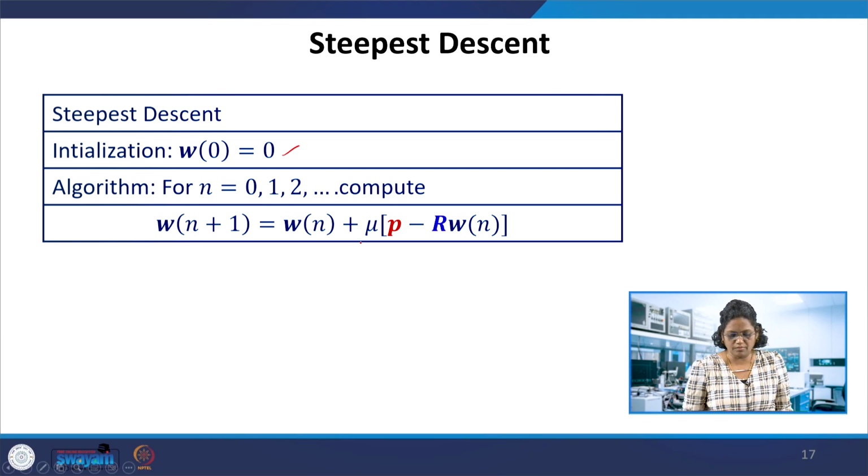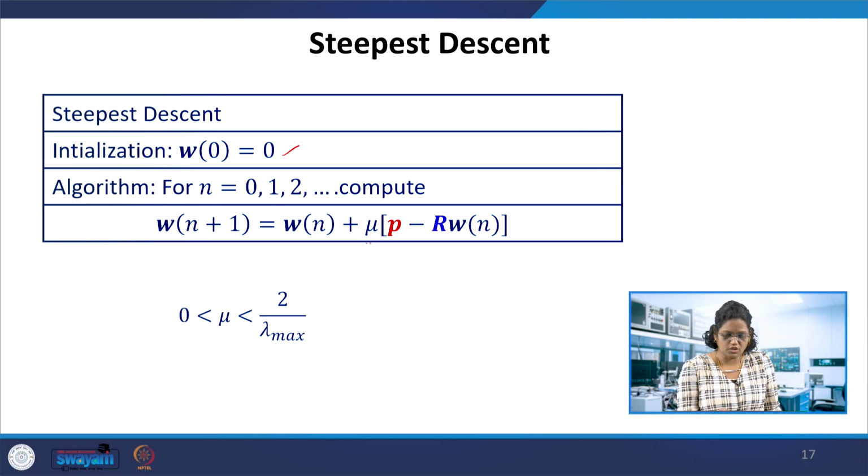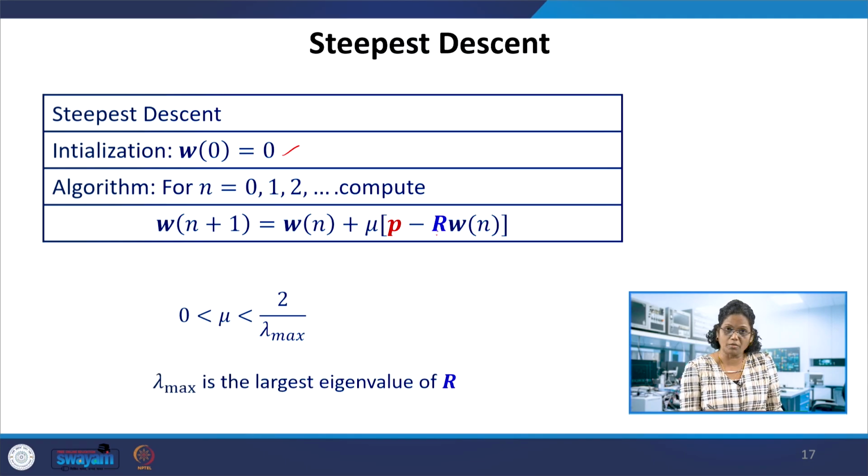This gives the rate of convergence. So what is the condition on mu? Mu should be between 0 and 2 over lambda max, where lambda max is the largest eigenvalue of R. If the R matrix is known, then it would be the largest eigenvalue, so mu can be fixed in between this. If mu is larger, the algorithm takes larger steps to converge.